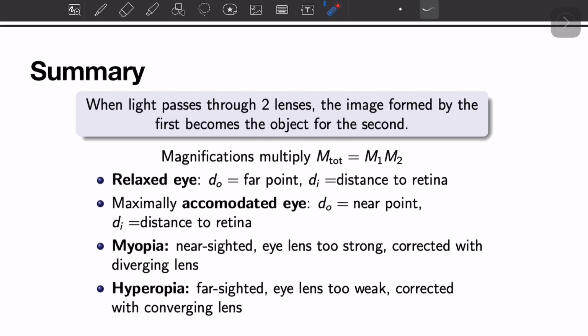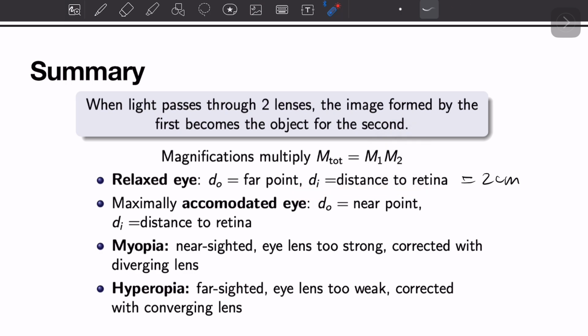So in summary, we've talked about a set of lenses. When light passes through two lenses, the image formed by the first lens becomes the object of the second lens, and the magnification overall by this set of lenses is just the product of the two magnifications. And in terms of eyes, a relaxed eye has an object distance that is at the far point, meaning your muscles are completely relaxed and focusing on faraway objects, and they're able to form the image at your retina, which typically is 2 centimeters.